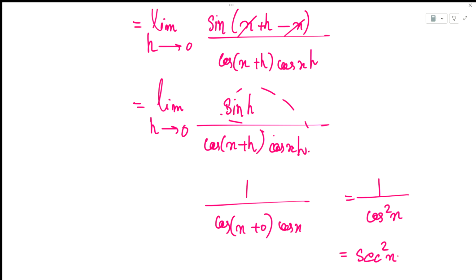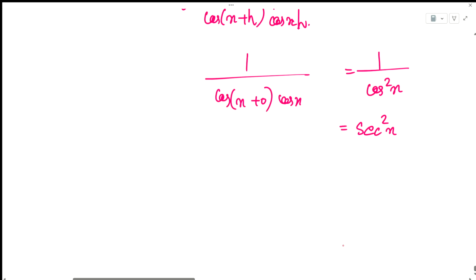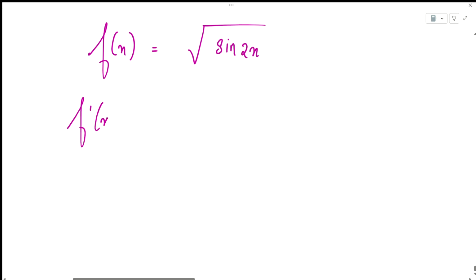Okay, next question. Let us take f of x is equal to square root of sine 2x. What is my f dash x going to be?